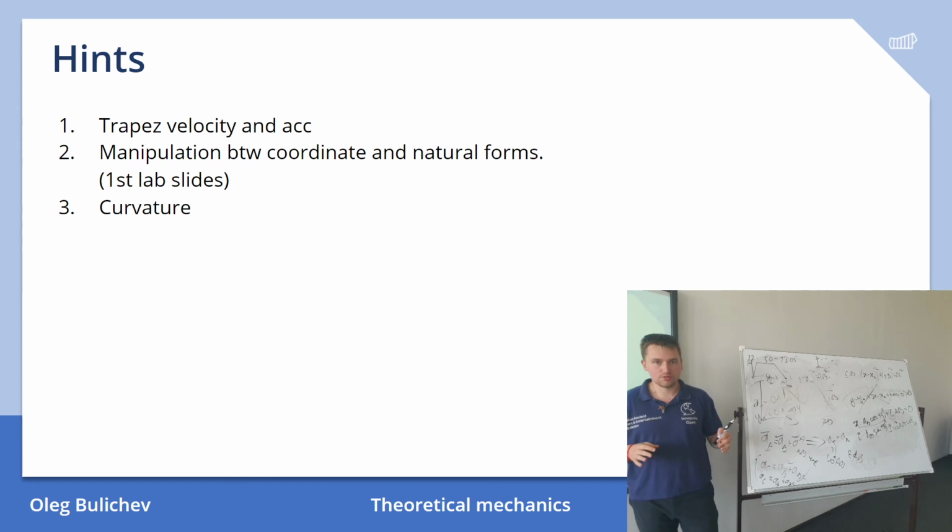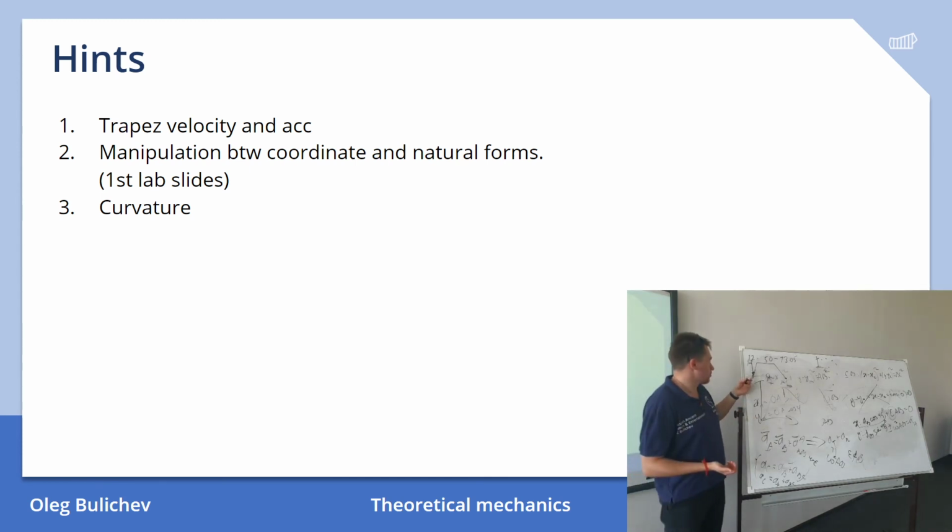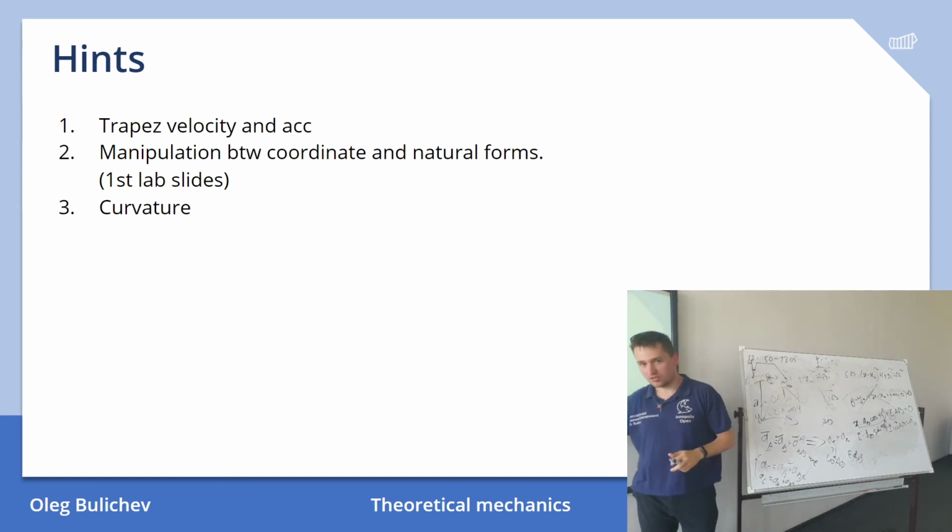Trapezoid is not about this. Trapezoid is, in general, about how you want your robot to move as fast as possible. It's not about PID control, because it's about how, in general, your robot should move, and you try to have max acceleration, the full acceleration.